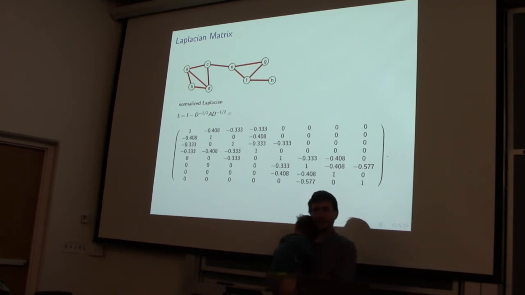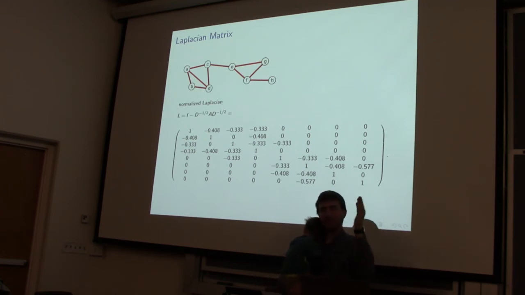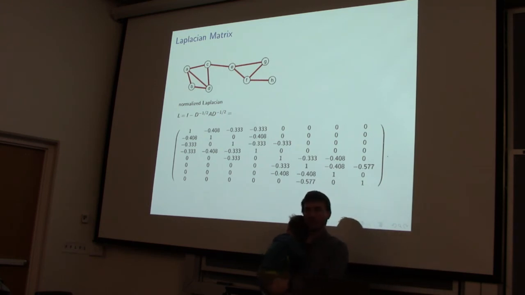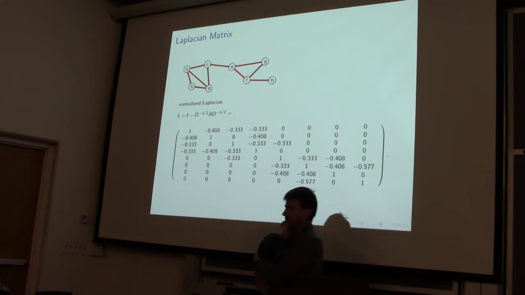Okay, so it turns out this is a different way. It's called normalized because you can think of taking the old one, which is D minus A, and I'm basically normalizing by multiplying through by this D to the minus 1/2 matrix.